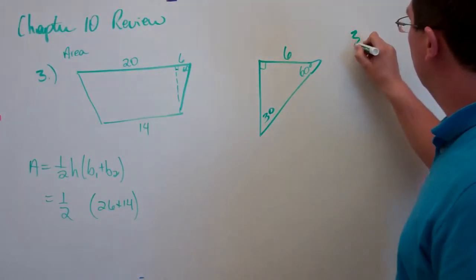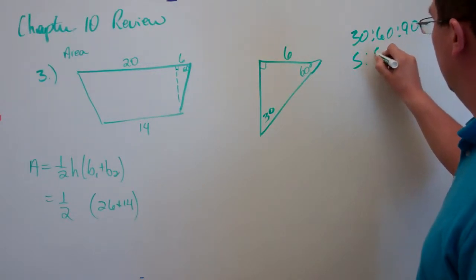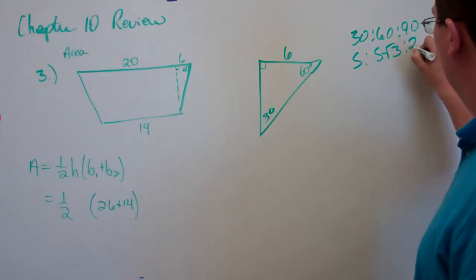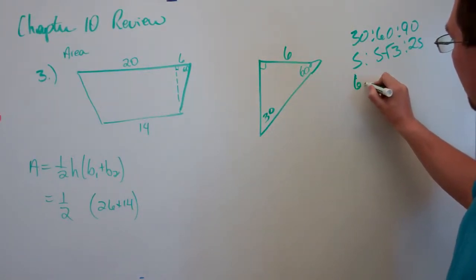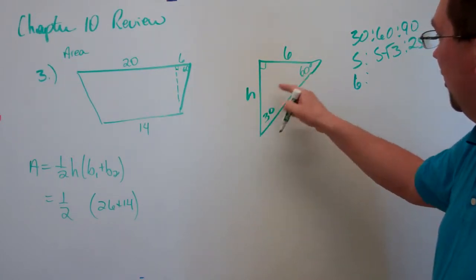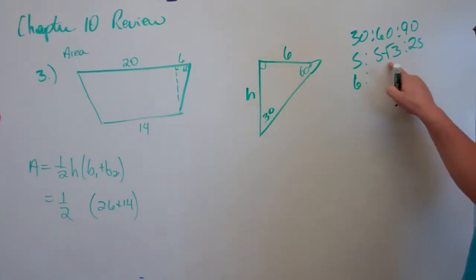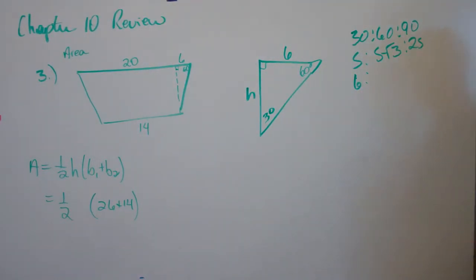Because remember, a 30, 60, 90 triangle, the ratio is S, S times the square root of 3, and 2S. So since 6 is across from the 30, we know it's S in the ratio. Since our height here is across from the 60, we know it's S times the square root of 3 in the ratio. And we don't really need to find the hypotenuse, which is 2S.